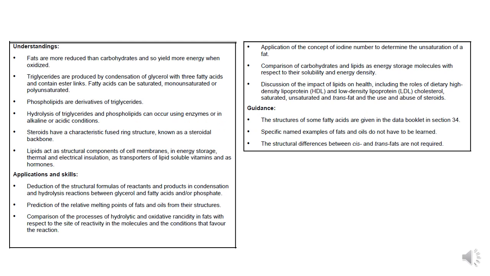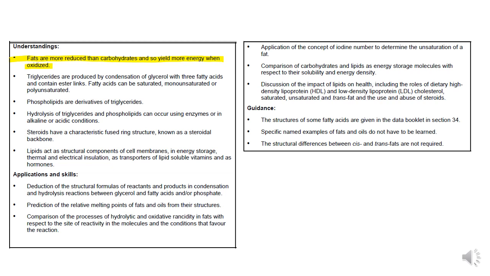So let's do a last check of the study guide. Okay, so in yellow, I'm going to highlight the stuff that we talked about today, and then hopefully double check it for yourself when you watch this video. That should bring us to the end of lipids. So fats are more reduced than carbohydrates, so yield more energy when oxidized.